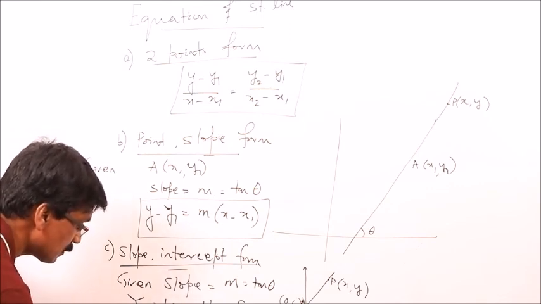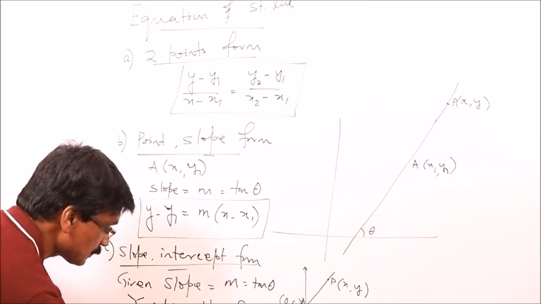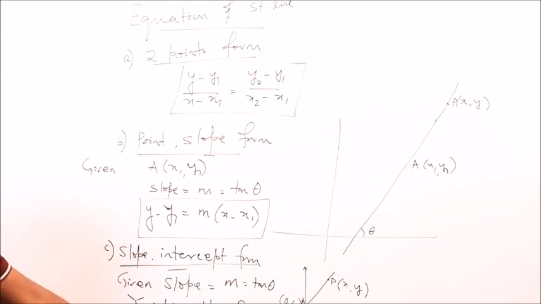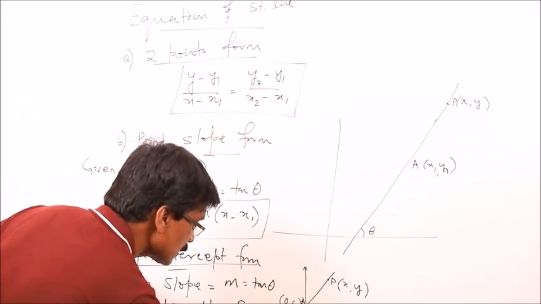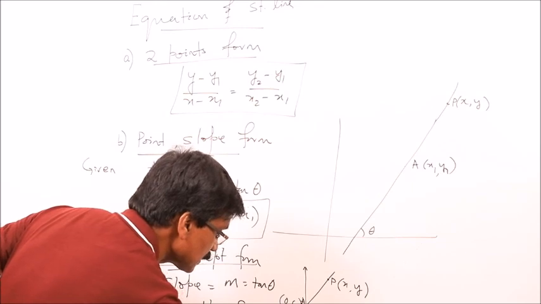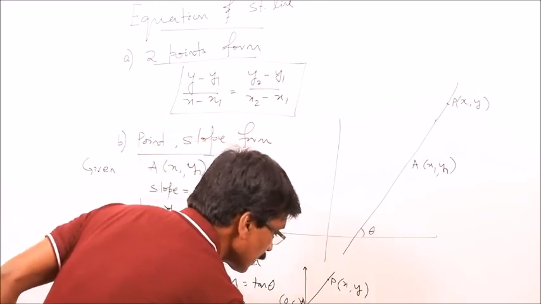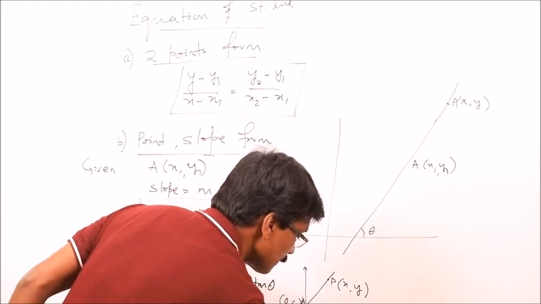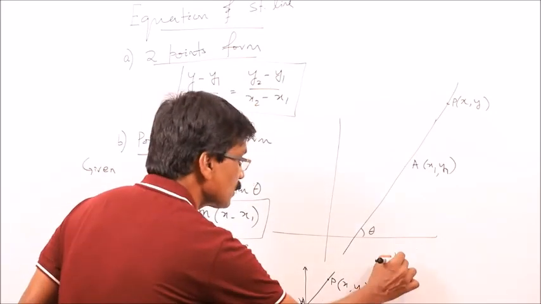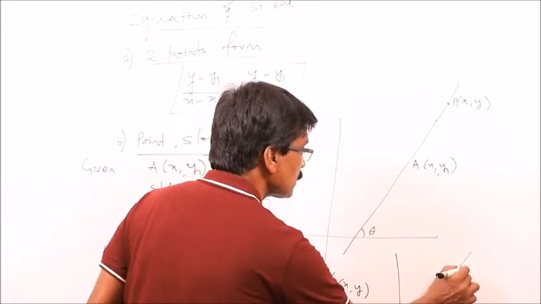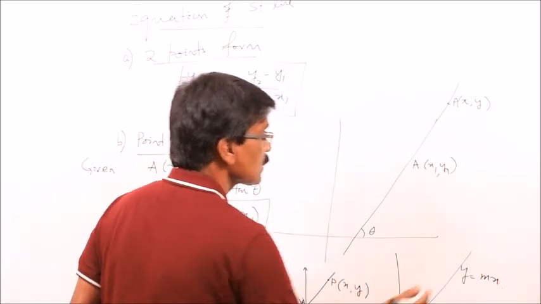So y is equal to mx plus c. So this is equation of line in slope intercept form. When c is equal to 0, y is equal to mx, that is line through origin. So that means if we draw a line through origin, then its equation is y is equal to mx.